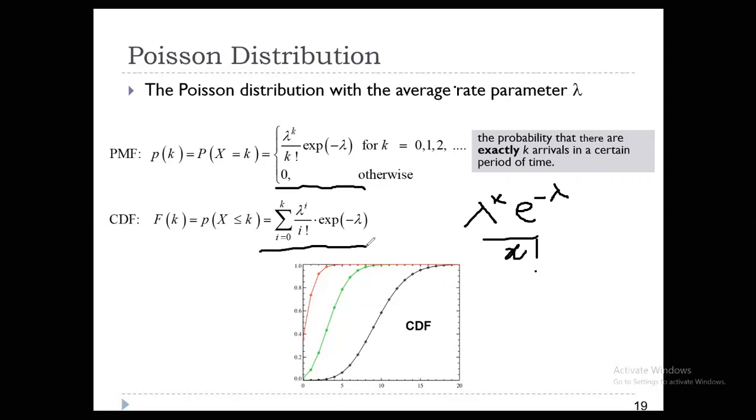Now the CDF of the process is also given by this. The CDF is the cumulative distribution function. So if you identify the process to be a Poisson process and you are supposed to plot the probability mass function of the process, then this is the function you use in your program. If you are plotting the CDF, this is the function you are going to make use of.